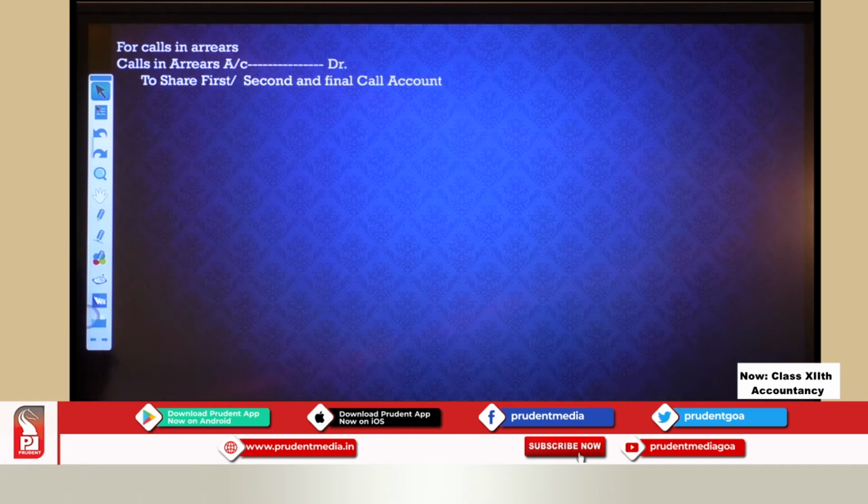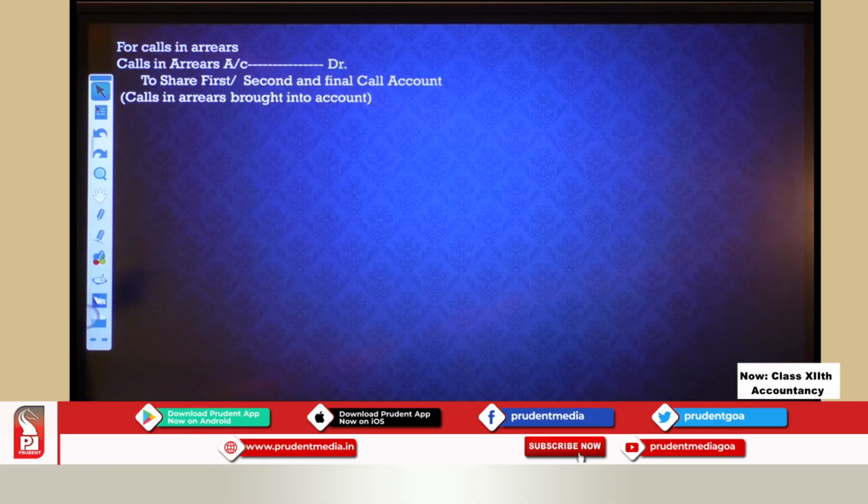Whichever money is not received, whichever call is not received, we have to credit. Okay, so that we can close that particular call account. Okay, and we are creating a new account as calls in arrears account. So calls in arrears account debit to share first/second and final call. Write the narration. Calls in arrears brought into account.